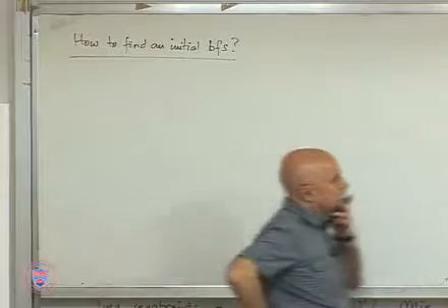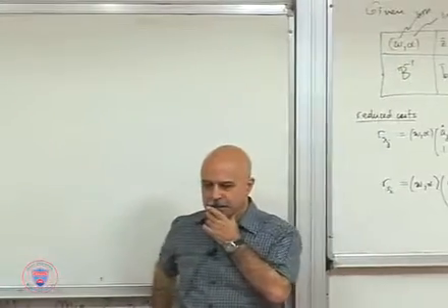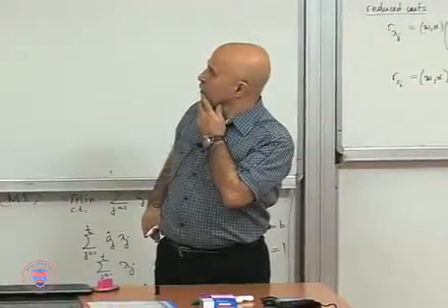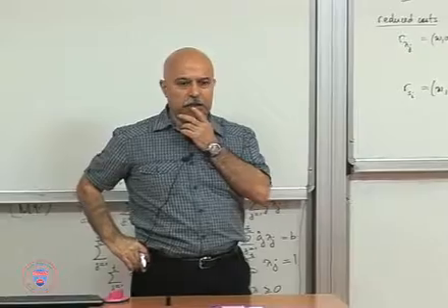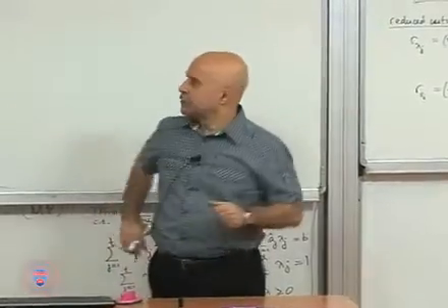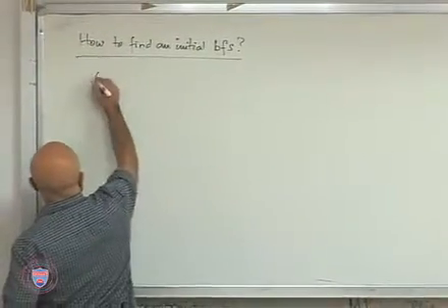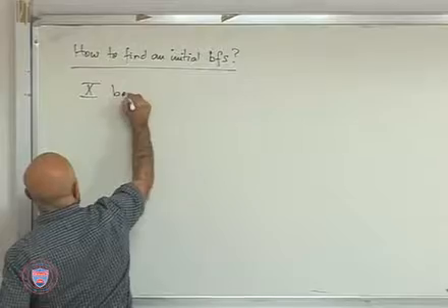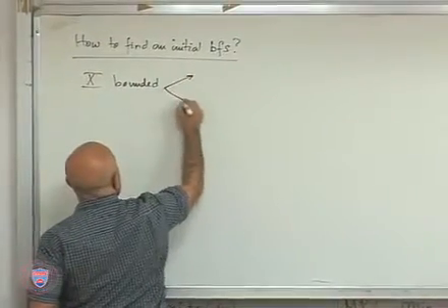So before I continue with the unbounded X case, let me address the question of how we find an initiating basic feasible solution for both cases. In this case, I'm still assuming X is bounded by assumption. There are two cases.